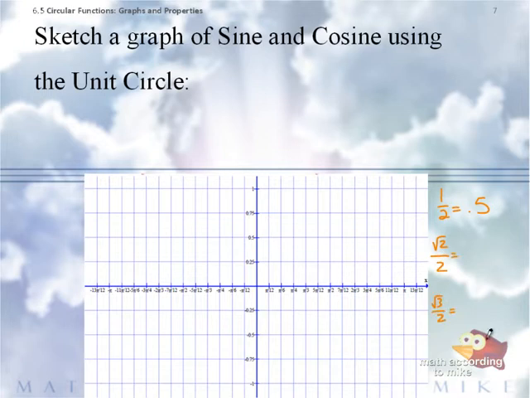So 0.7 for radical 2 over 2, and radical 3 over 2 is approximately 0.85. Okay. We don't have to be that discrete about it, because notice this is 0, that's 1. So the difference between 0.86 and 0.9, we're not going to be able to tell that easily.